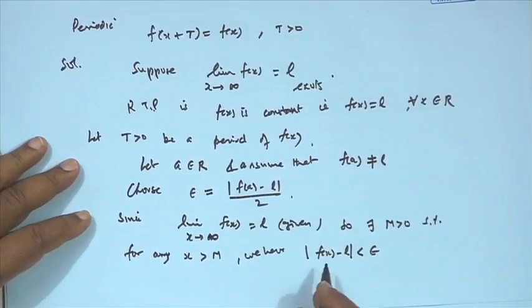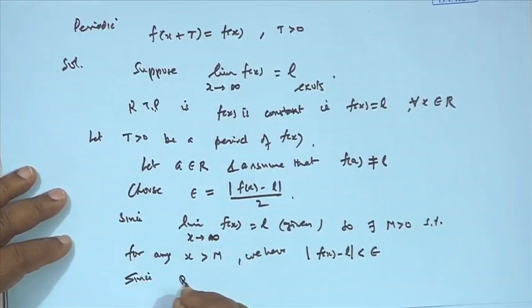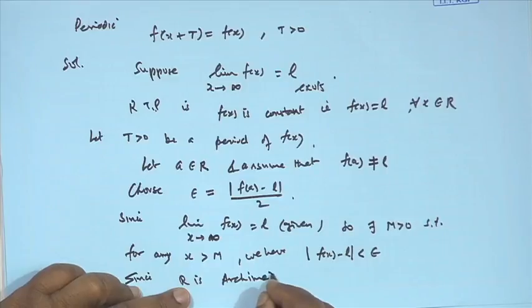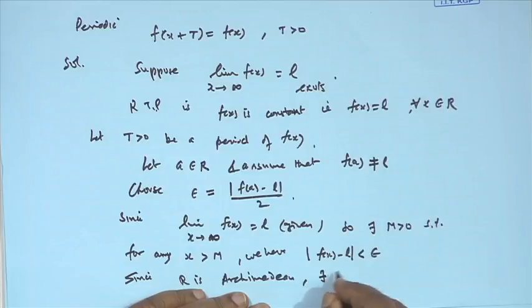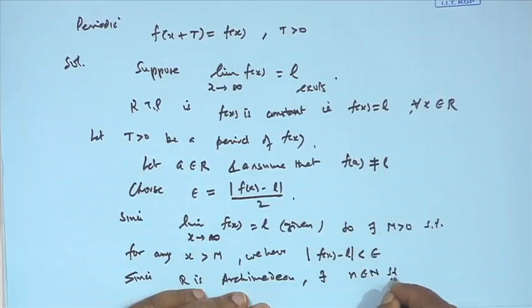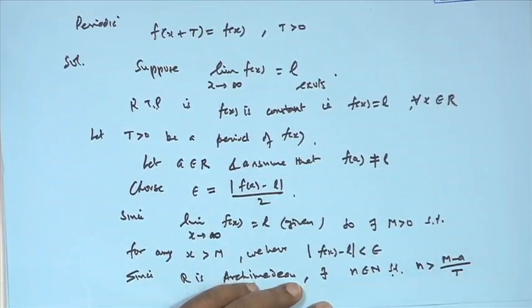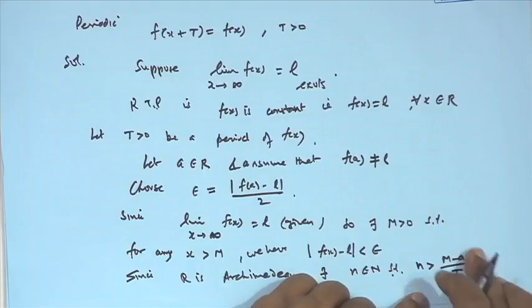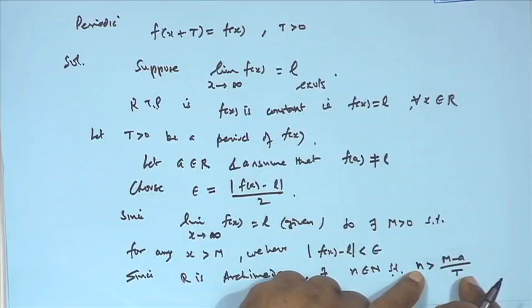Now, since the real numbers R are Archimedean, there exists n belonging to the natural numbers N such that n is greater than (M − a)/T. Whatever this number may be, n can be chosen as large as we like, so that n must be greater than (M − a)/T.